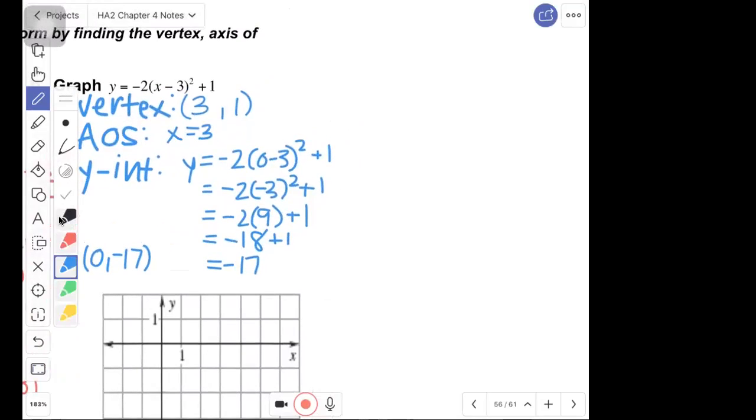And then we also have to find our x-intercepts. Jordan, walk me through the steps you took to solve for x here. First I subtracted 1 from both sides. Awesome.